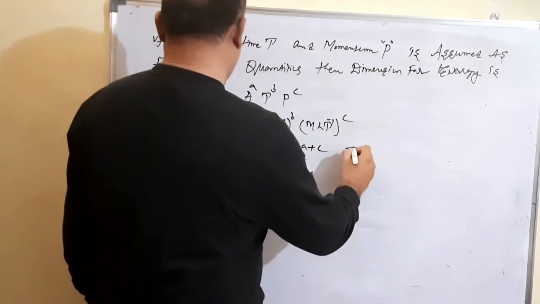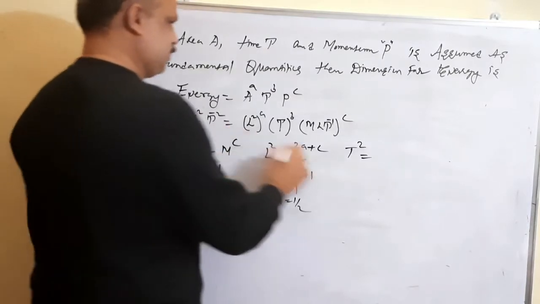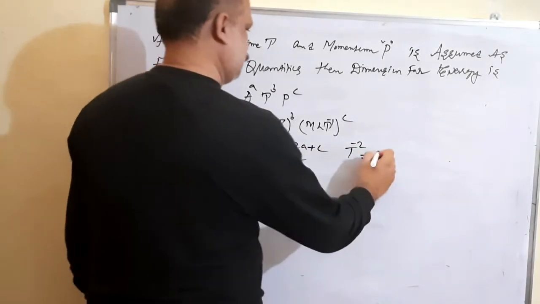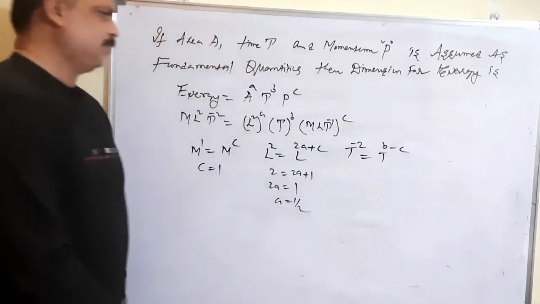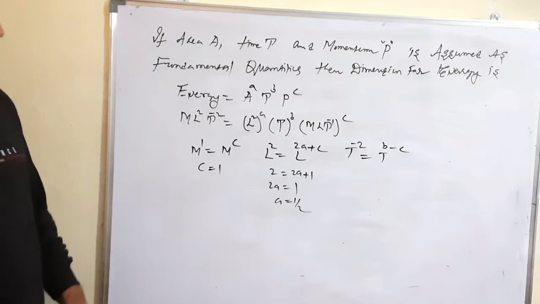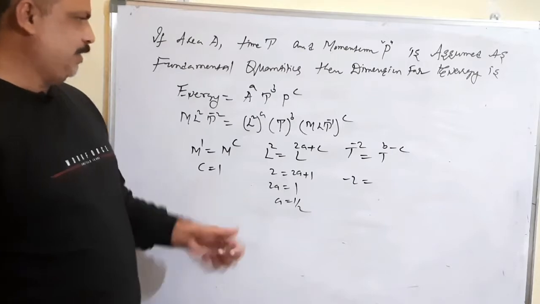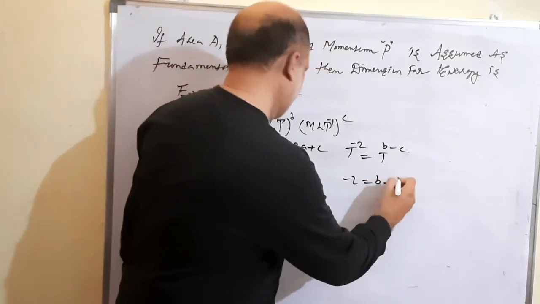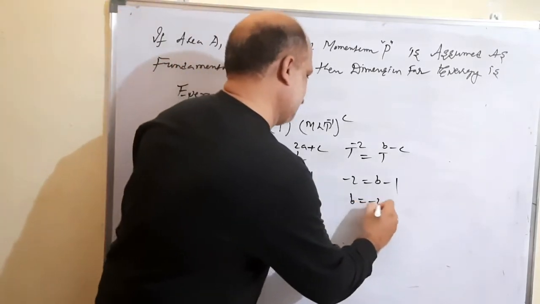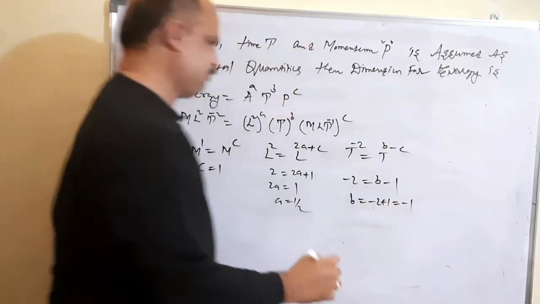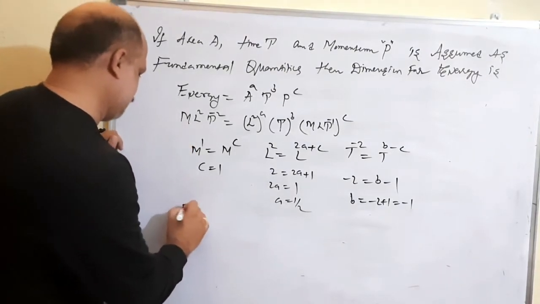T to the power of minus 2 is equal to T power b minus c. Here minus 2 is equal to b minus c. What is the value of b? c is 1, so b is equal to minus 2 plus 1, that is equal to minus 1.